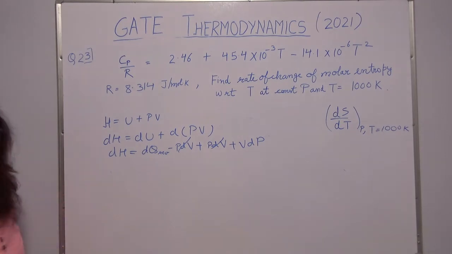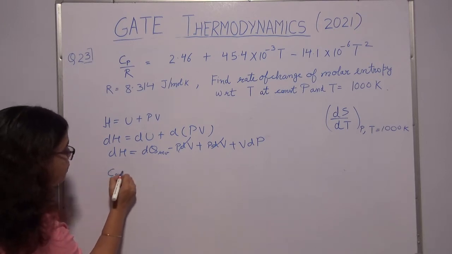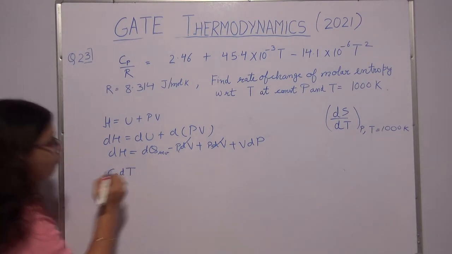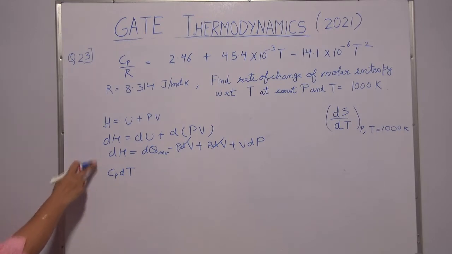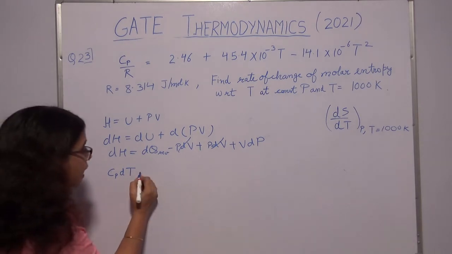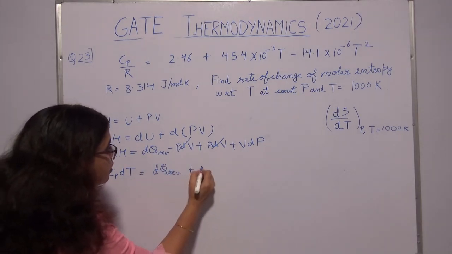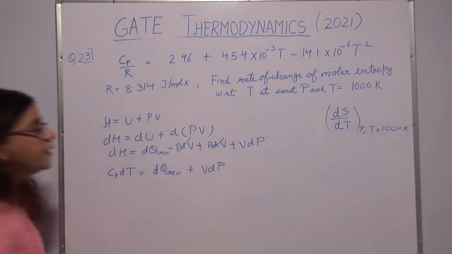Now dH for an ideal gas, as we have seen in one of the previous videos, you can write as Cp dT, for a constant pressure process. So dH is equal to Cp dT, that is equal to dq reversible plus VdP.